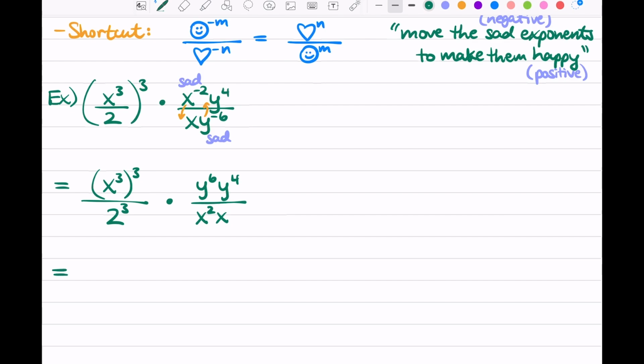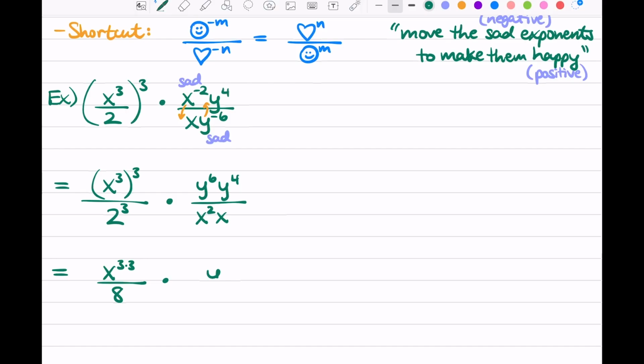Going back to our first fraction, x to the third raised to the third power. We've learned a shortcut for that. We can write it as x to the 3 times 3. And 2 to the third power is 2 multiplied 3 times, which gives us 8. Going back to our second fraction, we have y to the sixth times y to the fourth.